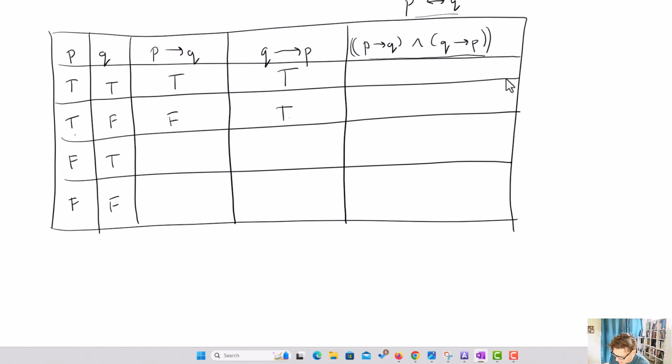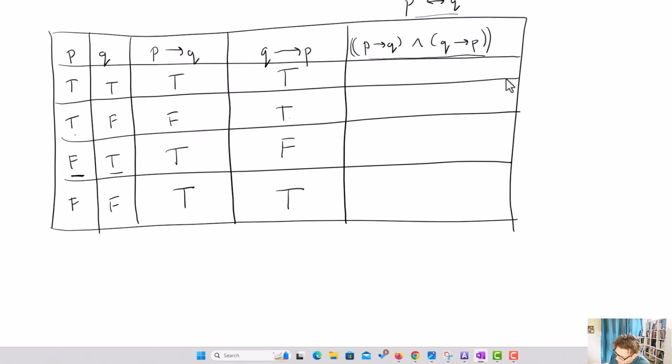Other way around, P implies Q: false implies true is true. False, true implies false is going to be false. And then false implies false is true. Remember, P implies Q is going to be true, and Q implies P is going to be true.